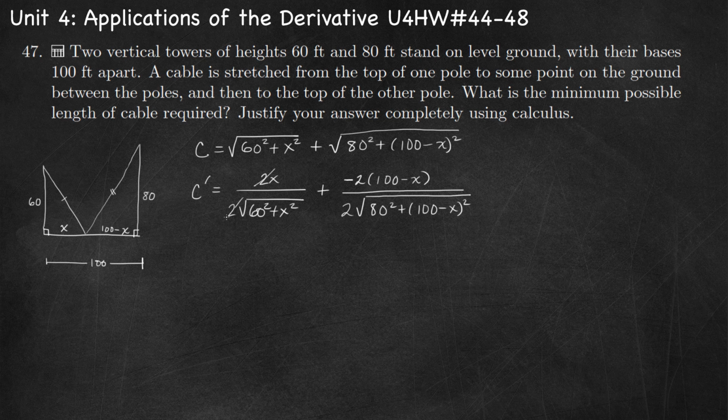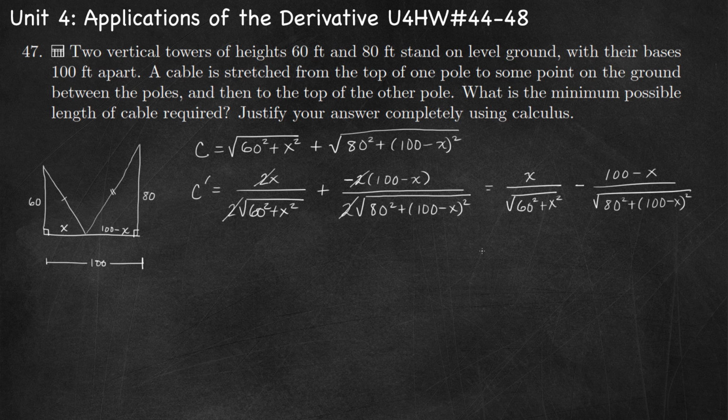So we've got 2's canceling here, which didn't help a whole lot, but it's a little bit simpler. So now we have x over the square root of 60 squared plus x squared, and then minus (100 minus x) over the square root of 80 squared plus (100 minus x) squared.